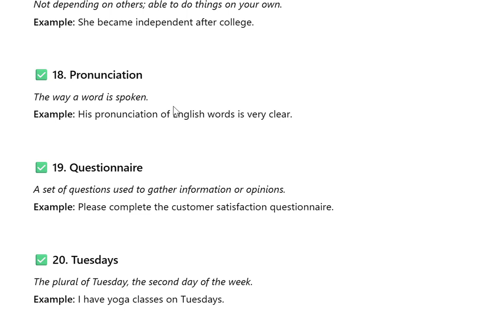The way I pronounce is incorrect, right? Questionnaire, that's the right pronunciation, right? So the way you pronounce the word, the way a word is spoken, right? His pronunciation of English words is very clear. Means the way he's pronouncing, everybody can understand what he's saying, right? So that's very important in here.